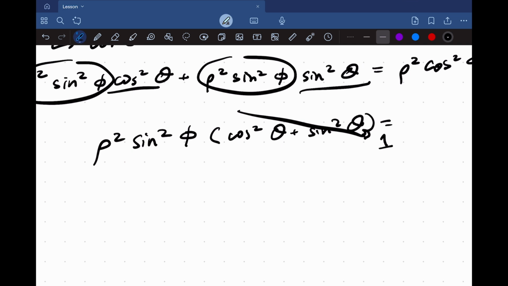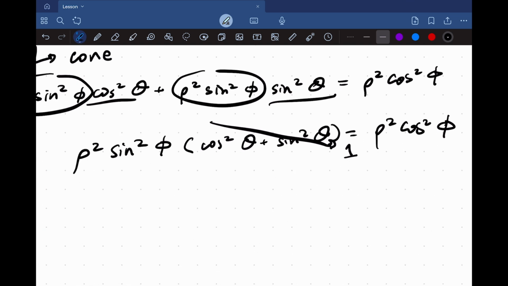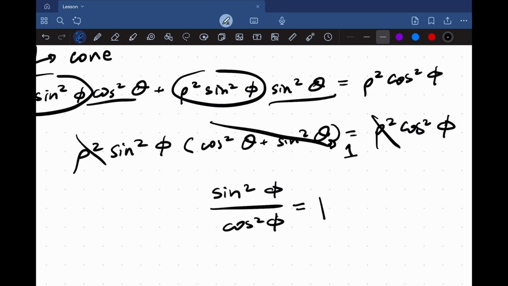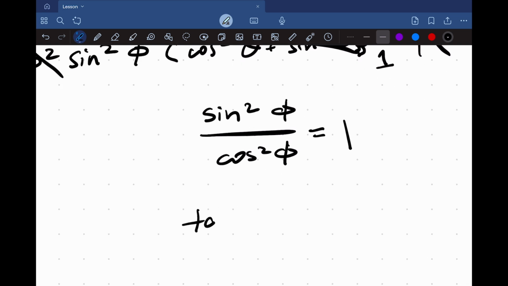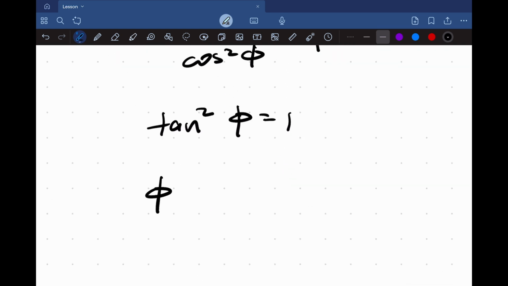And we get rho squared sine squared phi equals rho squared cosine squared phi. Now we can do sine squared phi over cosine squared phi. These cancel out, by the way, equals 1. And tangent squared phi equals 1. And this gives us two equations: phi equals pi over 4, or phi equals 3 pi over 4.